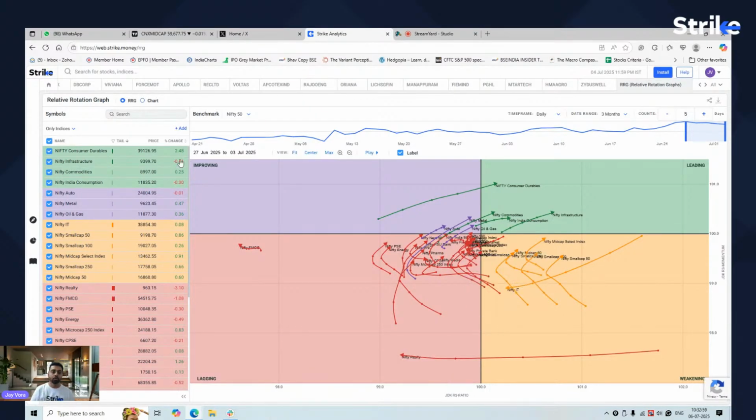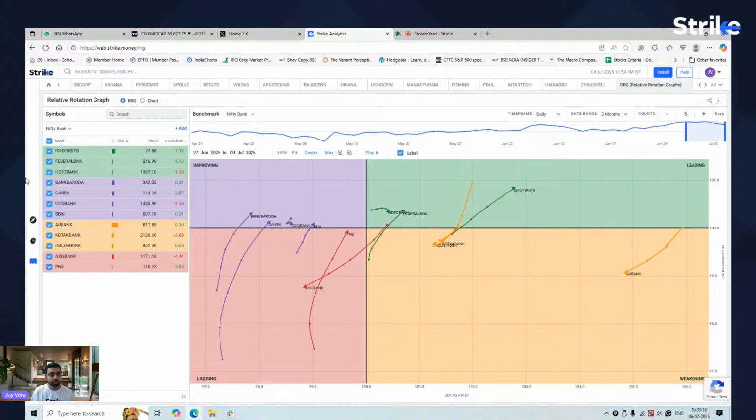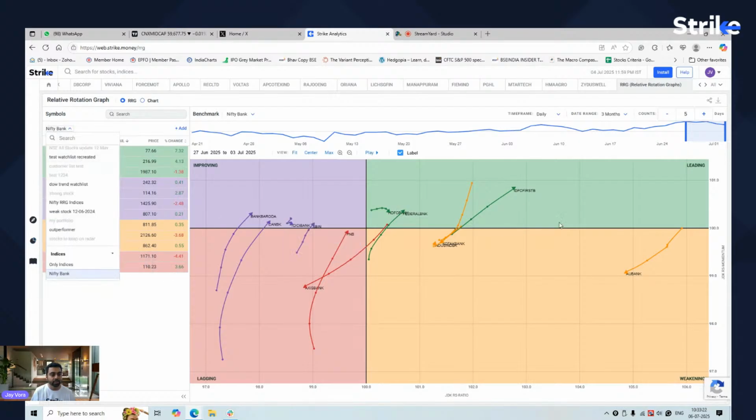So firstly, coming to the optionalities, over here at the top, you can see two radio buttons. This is the RRG graph. On the table on the left hand side, you will get whatever you're seeing, I mean, it is indices, or suppose if I do Nifty Bank, then it is all the stocks within the Bank Nifty index.